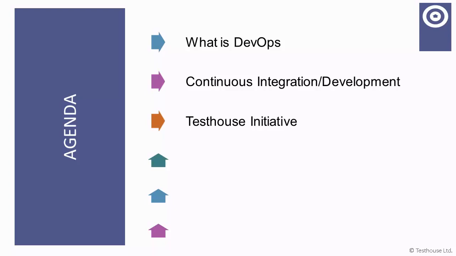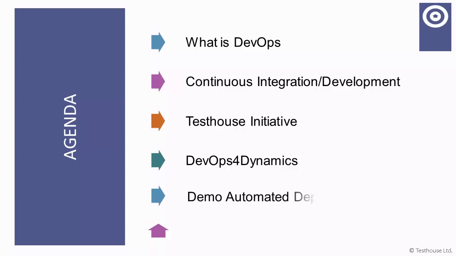Then we will be looking at Dynamics CRM 365. We'll be looking at a demo from my colleague Mohit, who will be demoing automated deployment. And towards the end, we will have the Q&A session. So without further delay, I now pass you over to my colleague Mohammed.